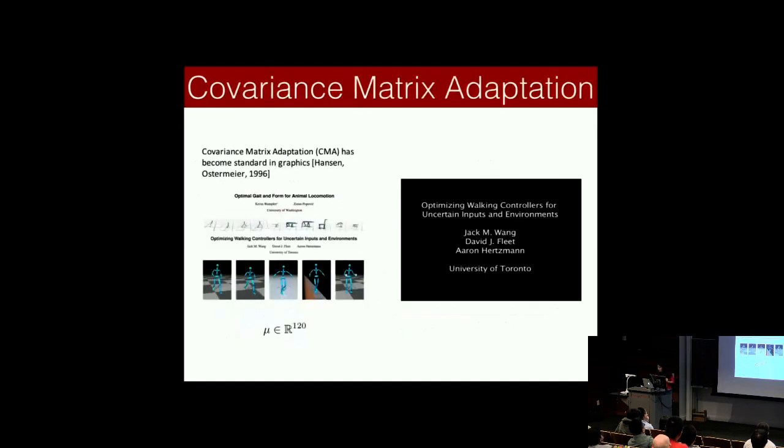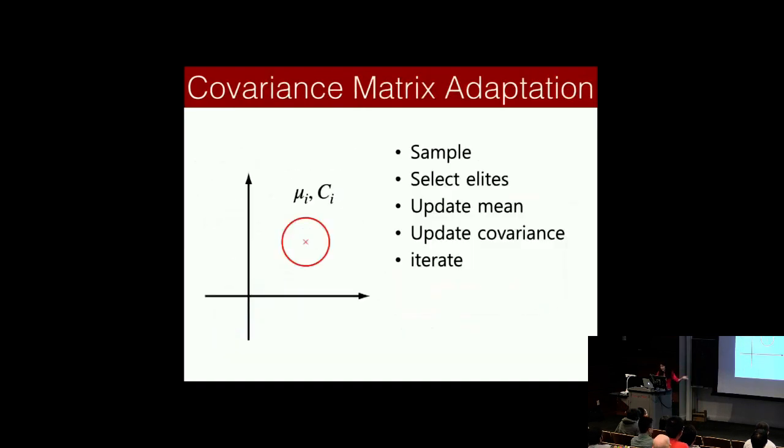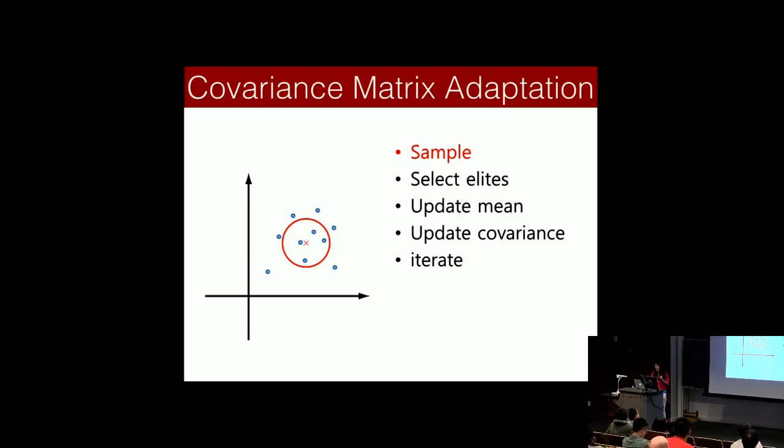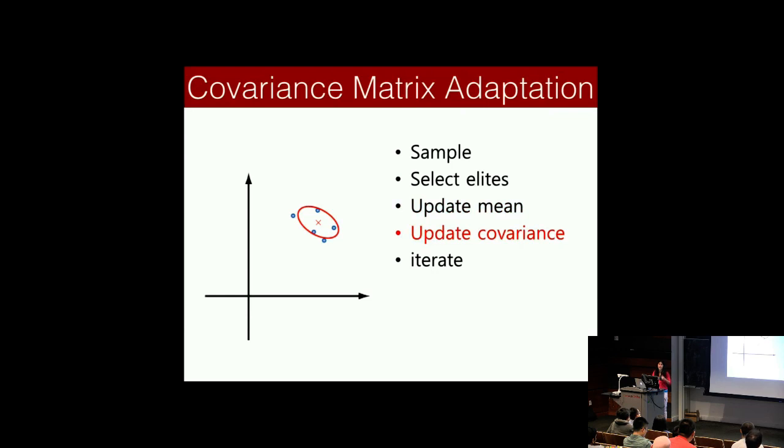And so, because we don't have much time, another version is covariance. You don't need to have an isotropic Gaussian. You can also have a full covariance matrix. How does this work? Well, you sample again some parameter vectors, you evaluate them, you pick the top performing ones, you update the mean, and then you also update the covariance matrix, and you iterate.